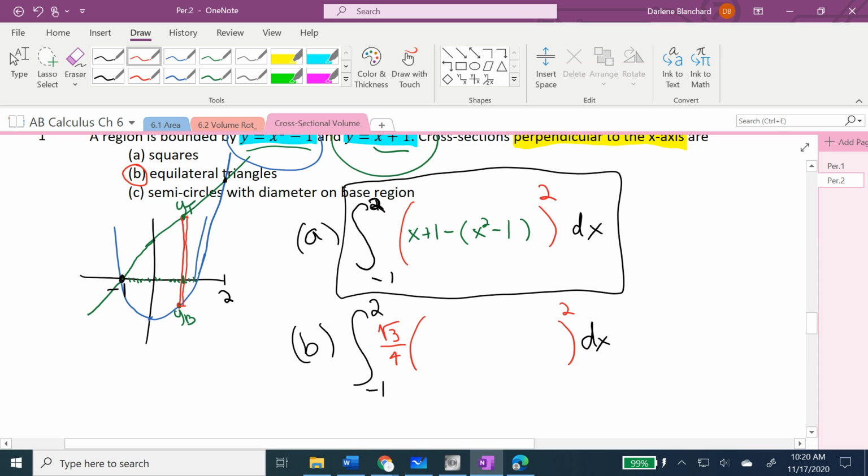Root 3 over 4 times length of side squared. And then, what is the length of the side? You already found it. Top y minus bottom y for that same region.